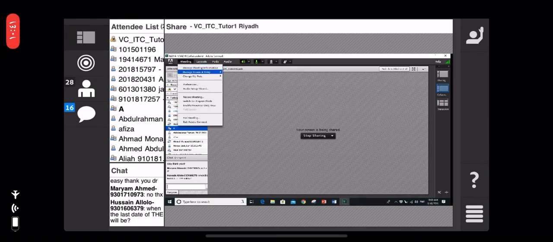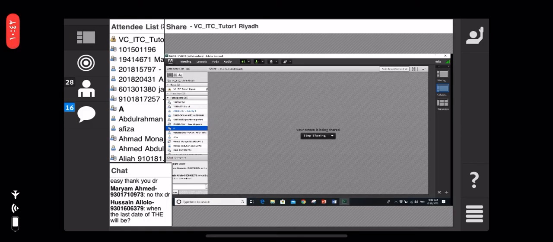Meeting, manage meeting information, change my role, switch to peer mode.